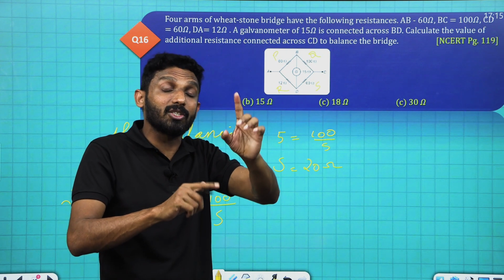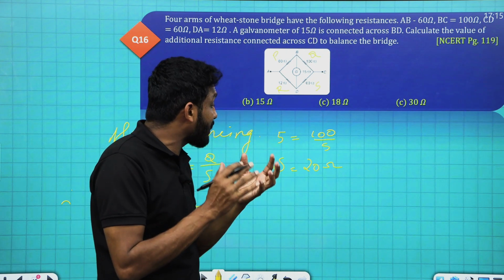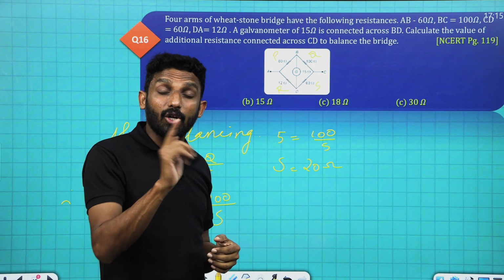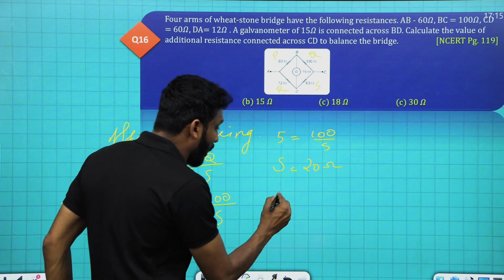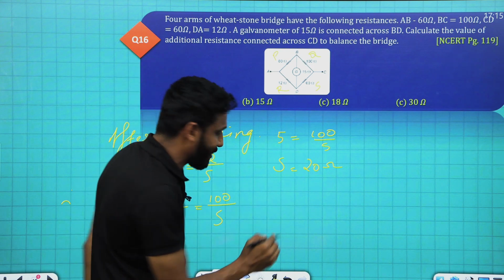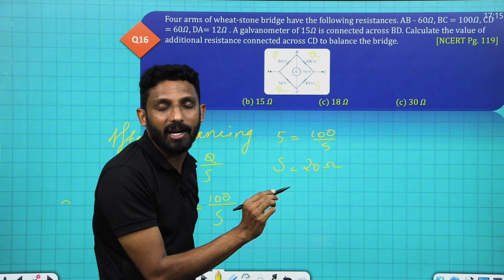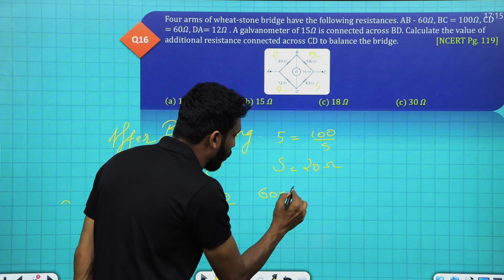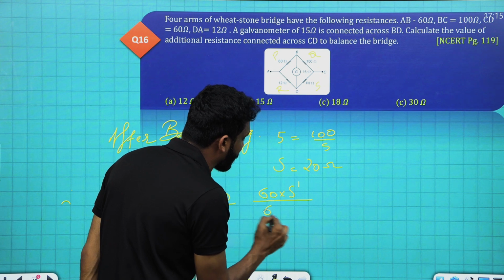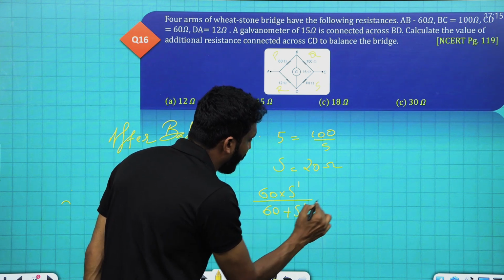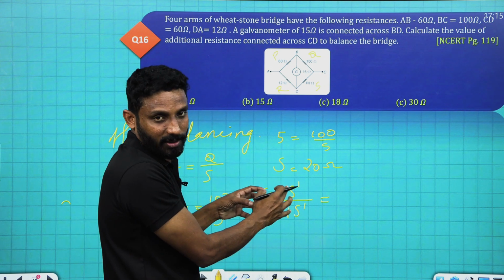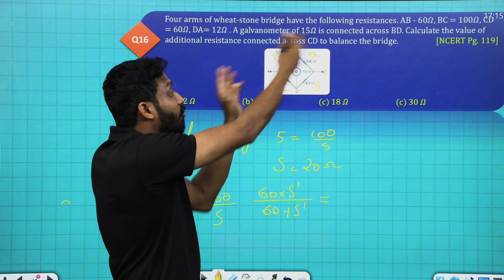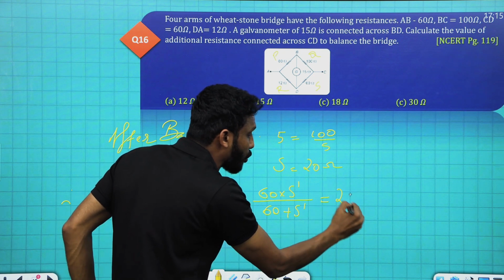Suppose we are connecting resistance S dash in parallel with the 60, then what will be the equivalent resistance? The equivalent resistance of a parallel combination is R1 R2 divided by R1 plus R2. Then here it is 60 into S dash divided by 60 plus S dash, and that equivalent resistance is to be 20, then only it will be balanced. So this is equal to 20. Good.